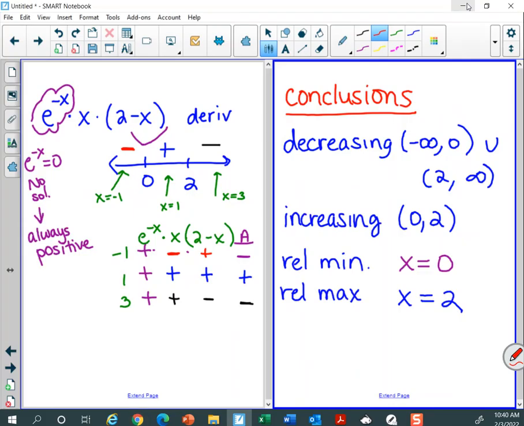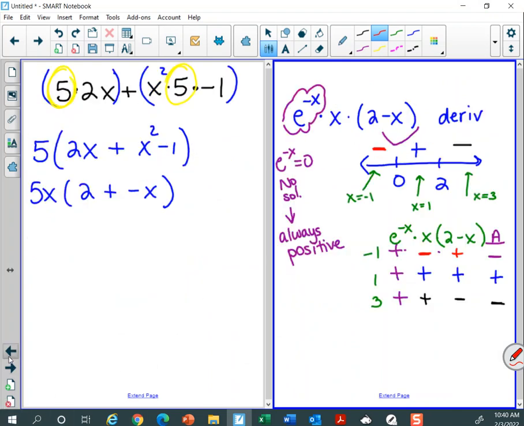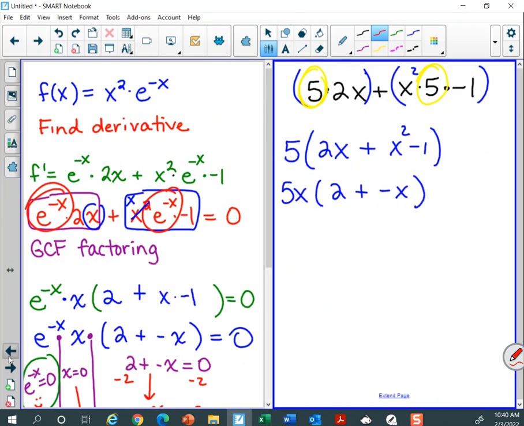We could find them. They're not quite as easy to do analytically, though. The second derivative here would be a pretty hot mess, because from here to here, we'd have to do like a 2-part product rule.